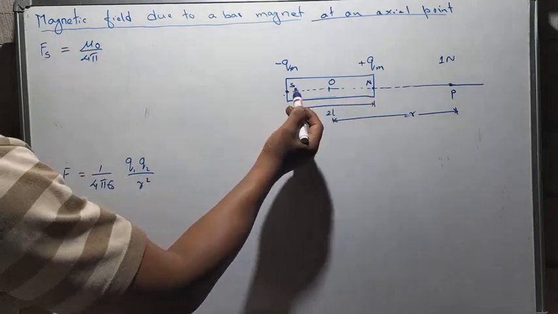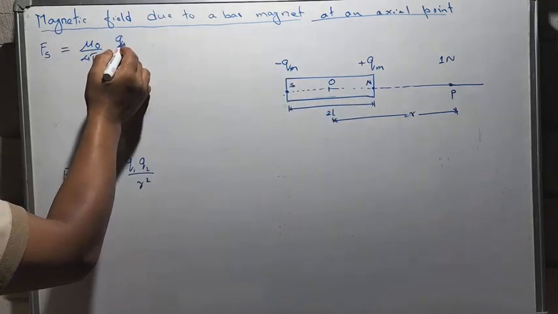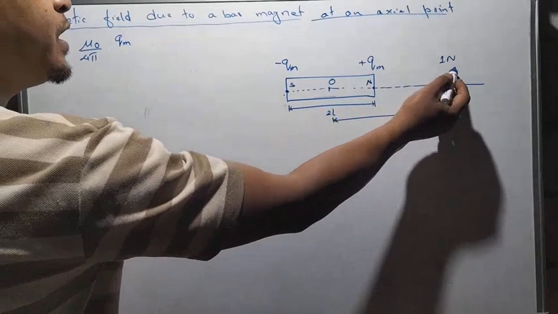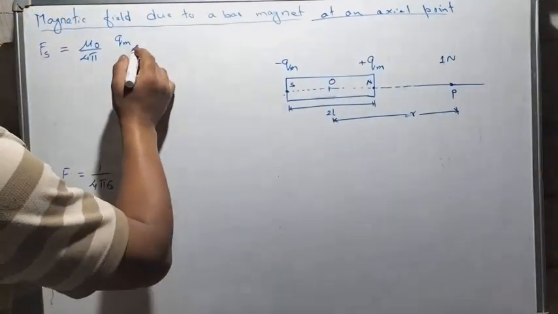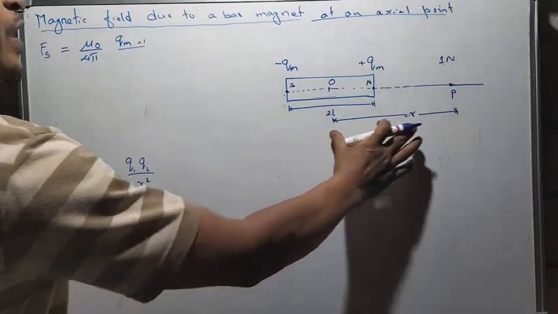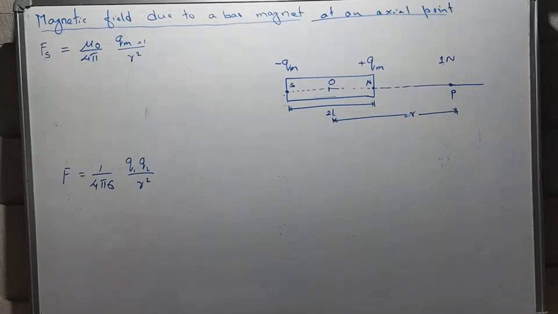What is q1? Your q1 is minus qm, so I'll just write only the magnitude, that is qm, and your q2 is a unit north pole. For that unit north pole the magnitude is 1, so I'll write 1, upon the square of the distance between them, that means upon r square.